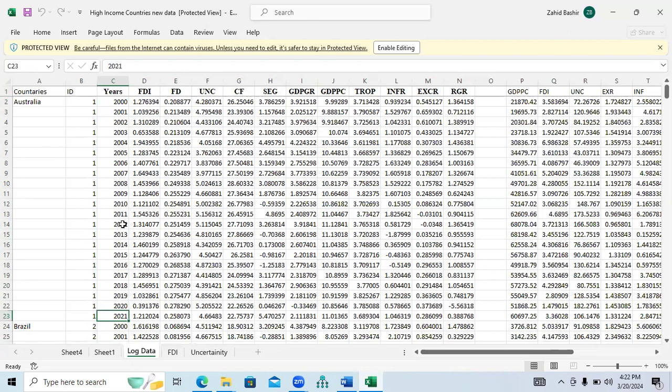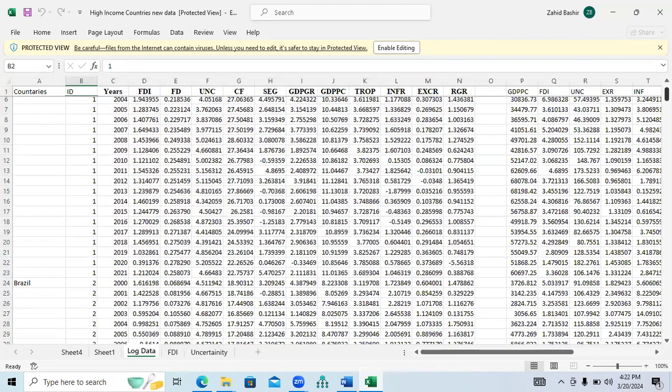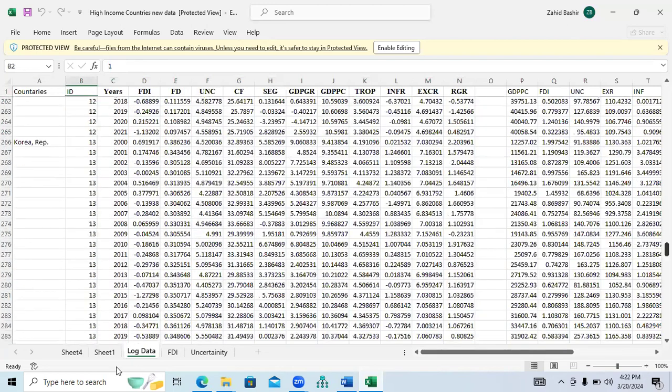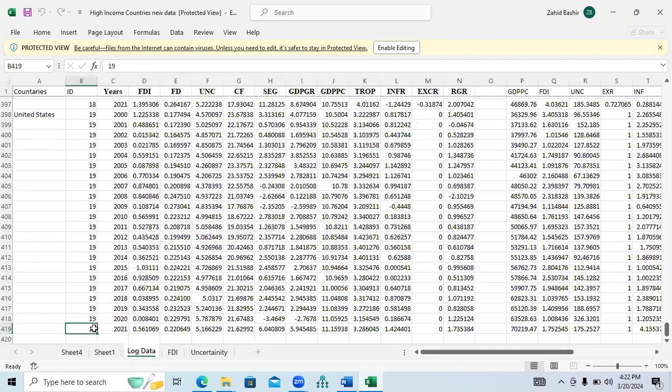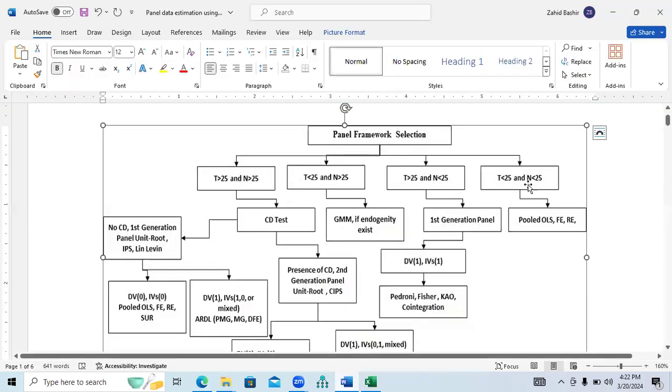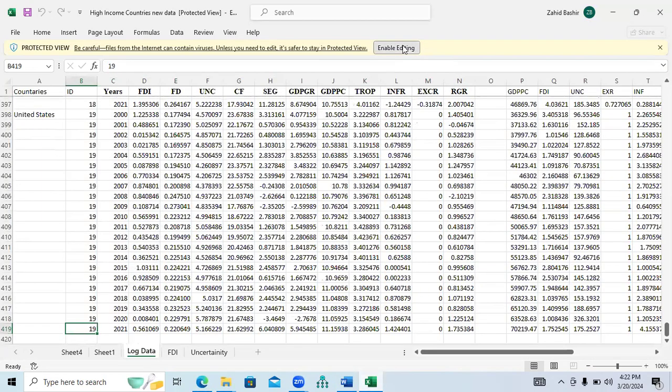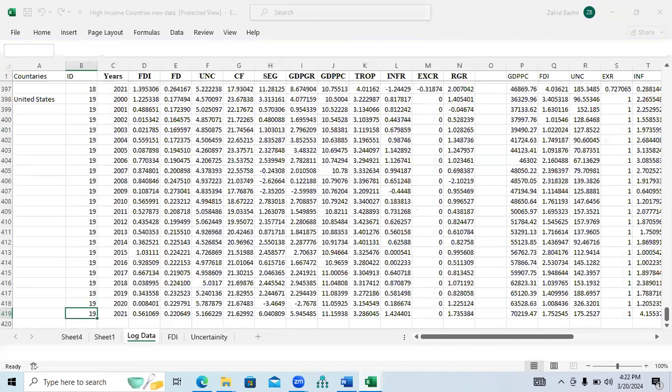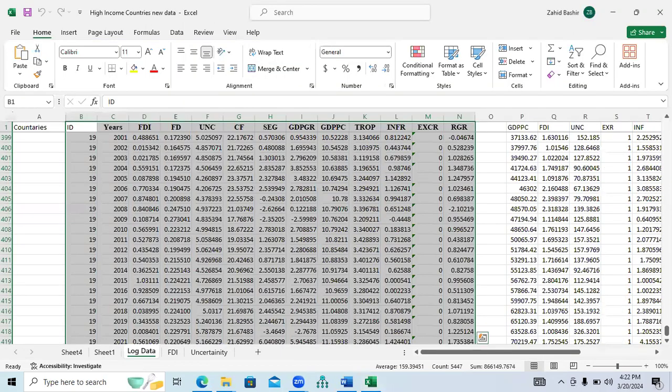And the number of countries is 19. So we are going to apply this condition on this data set. Let me share this data set with you so that we can apply this procedure.